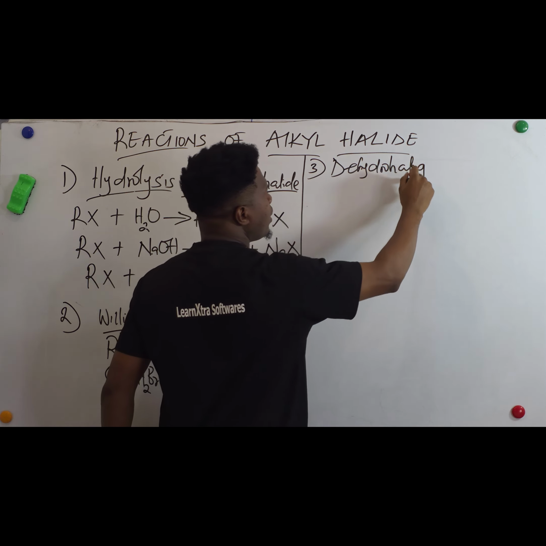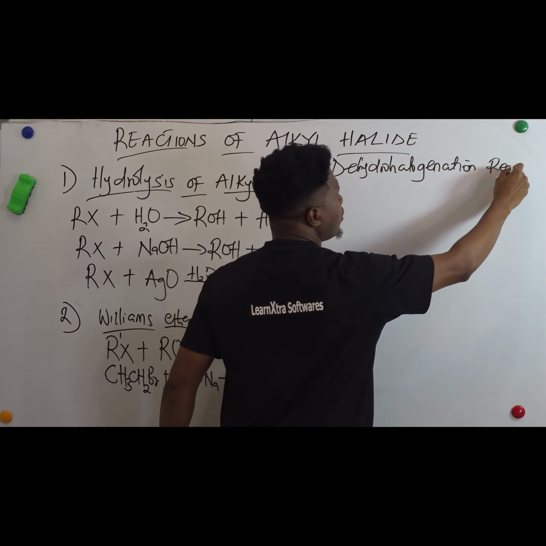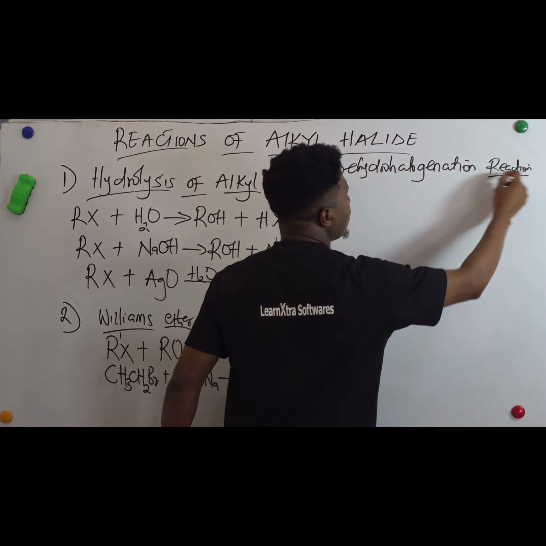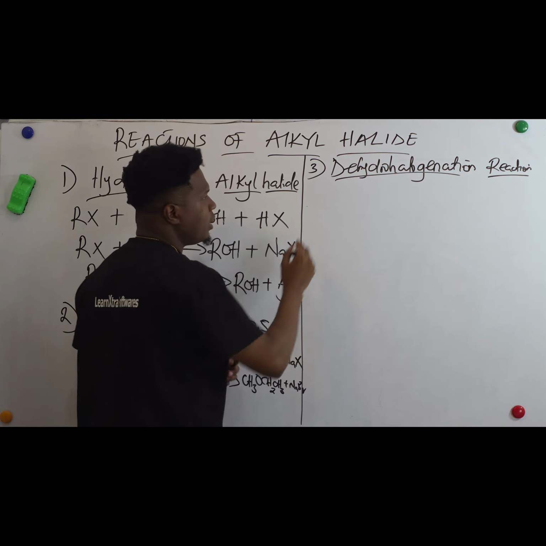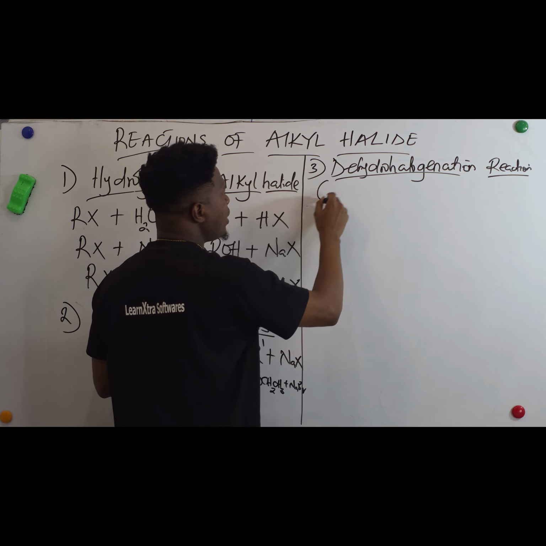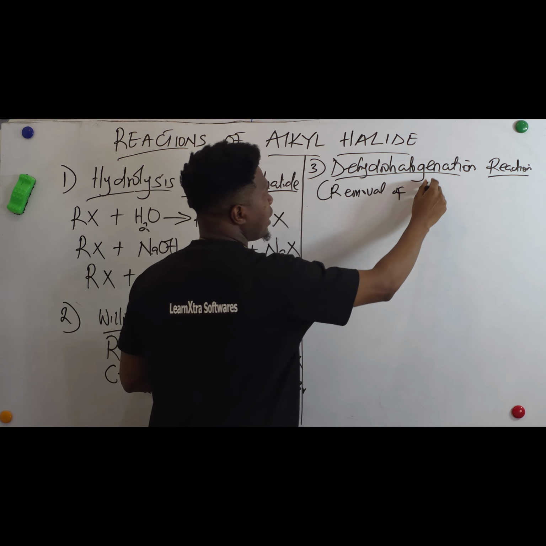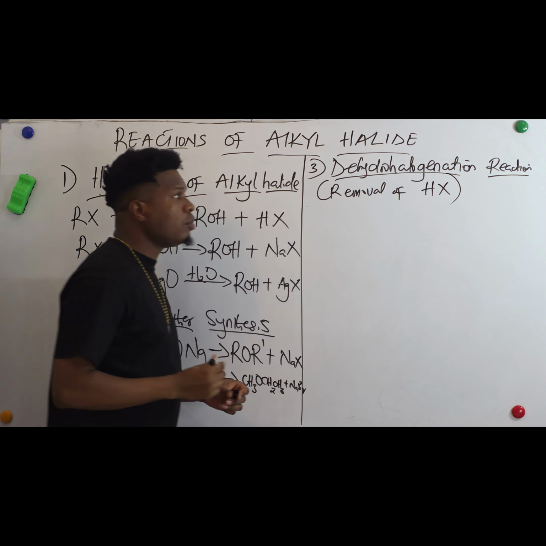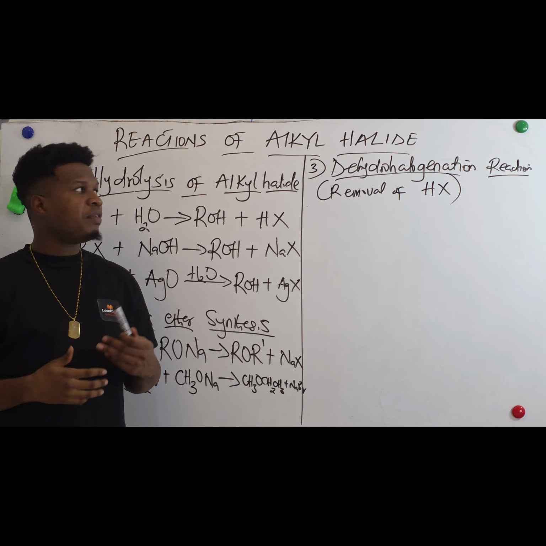dehydrohalogenation. Okay, dehydrohalogenation reaction. So this is simply removing of a hydrohalide, removal of what? HX. This is simply called removal of HX. Okay, so when you remove a hydrohalide from a haloalkane, you will definitely have an alkene.